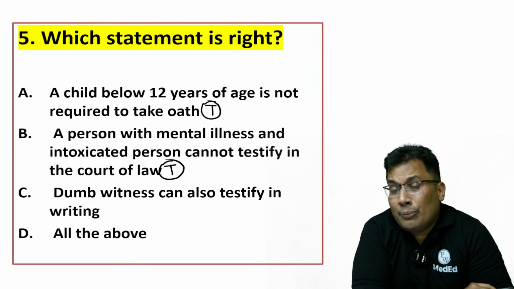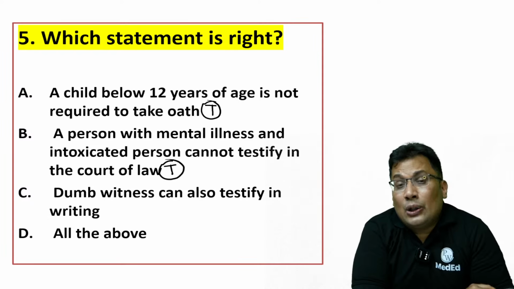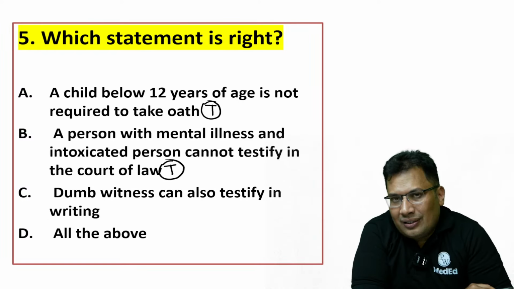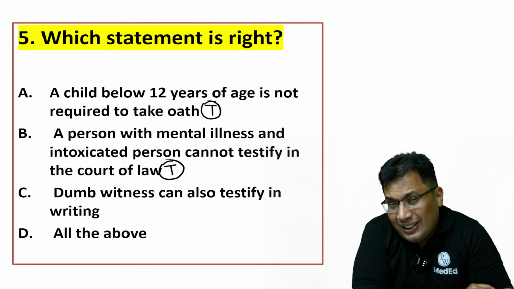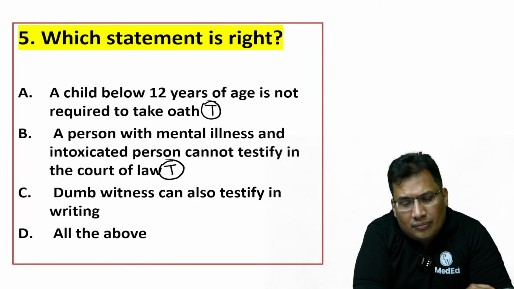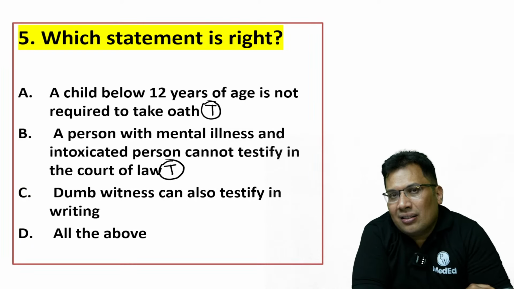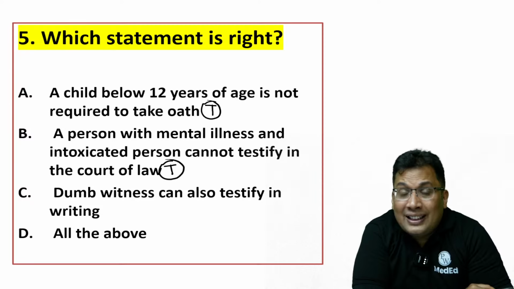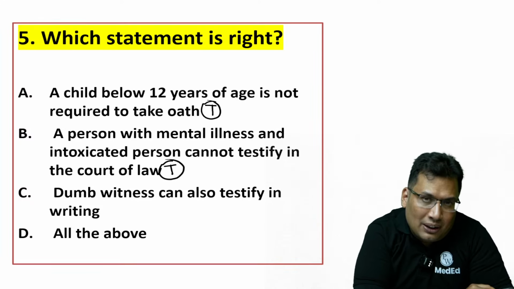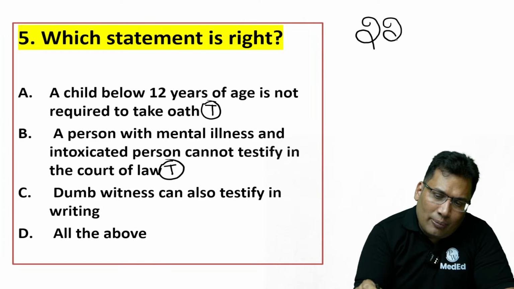Like person suffering from schizophrenia, delusions, hallucinations, the statement given by him is not valid. Definitely invalid hai. That is true. McNaughton's rule says that any criminal act by an insane person is not punishable. 22 BNS. Very commonly asked question.